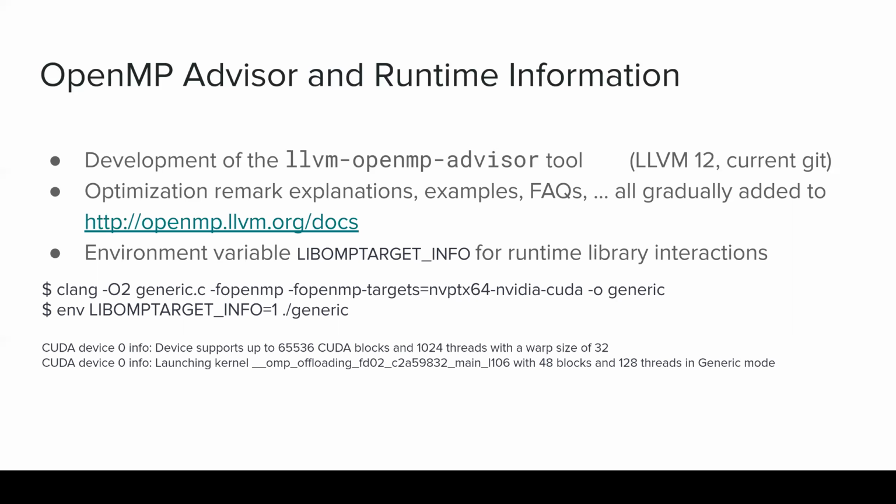So it will tell you about the CUDA blocks, the threads, the warp sizes, in what mode the kernel was launched, and so on and so forth. So a lot of high-level information from the perspective of the runtime are provided here, though they are low-level from the perspective of OpenMP because it's about the implementation. But all of this will eventually be exposed through the advisor interface and summarized through the advisor interface.